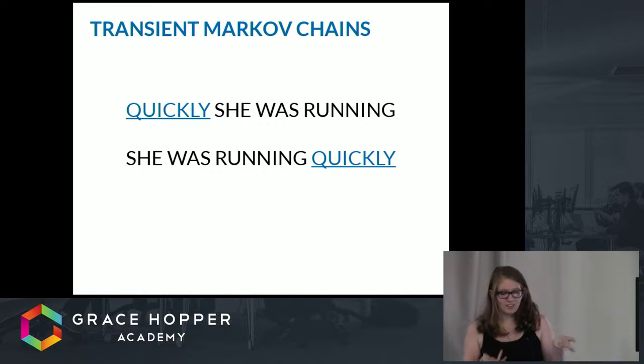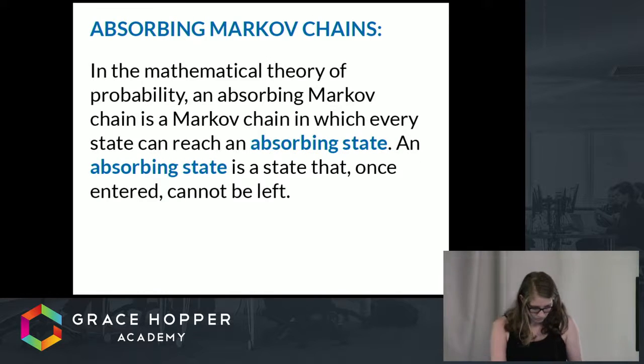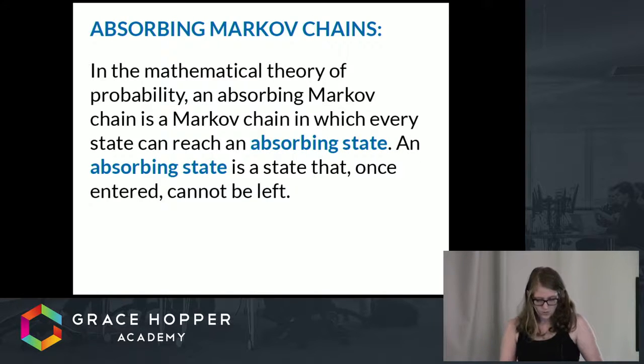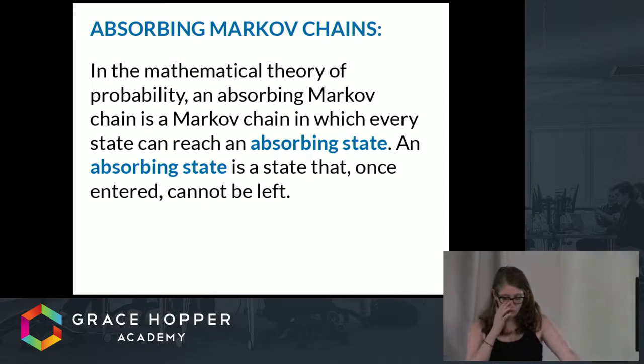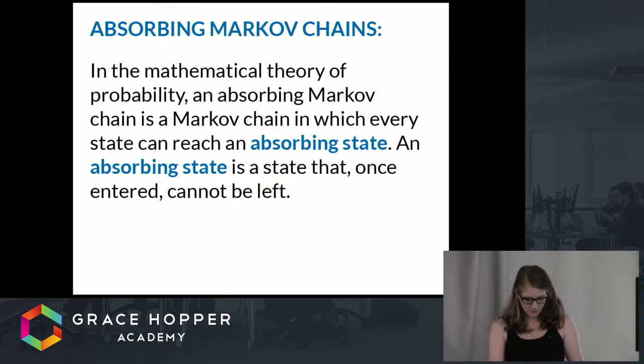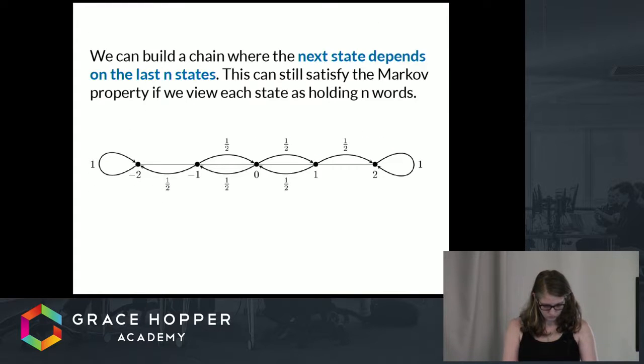So if we have noun, adjective, noun, it would be very different than verb, adjective, verb. We can get around this by using something called an absorbing Markov chain, where each state absorbs the previous state, so we create one state that is never really left. This is a quick diagram of how that looks.